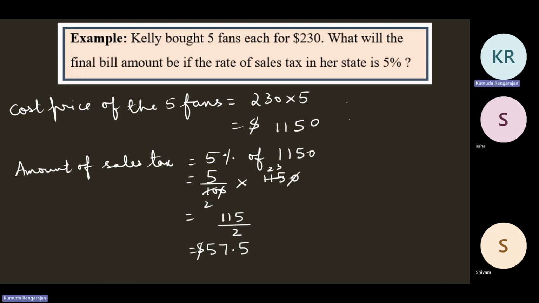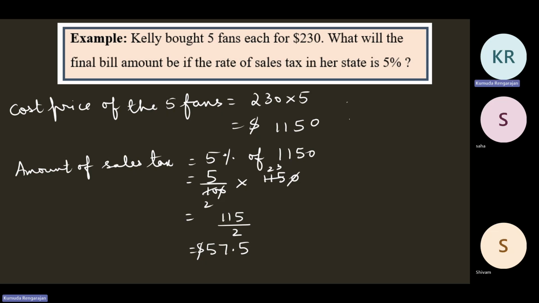So each fan costs 230 rupees. Each fan. So 230 into 5, 1150.